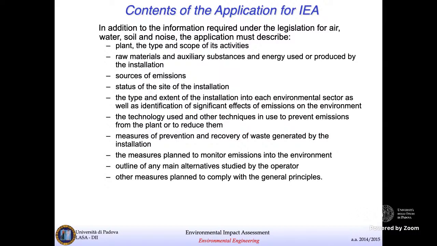What are the contents of the application for integrated environmental authorization?